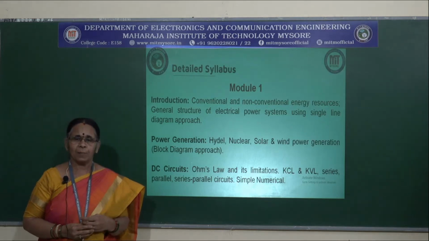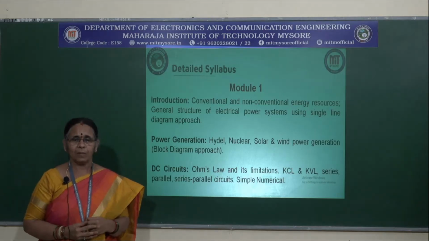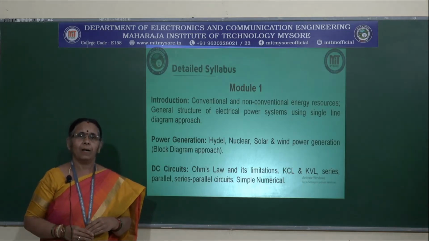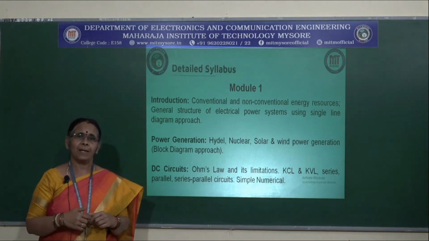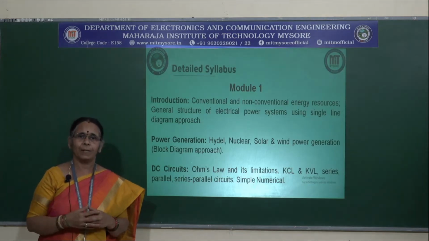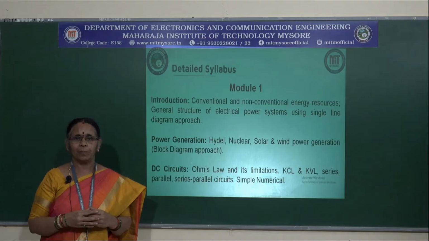Any power system structure comprises generation, transmission and distribution. Generation, transmission and distribution will all be covered by means of a single line diagram, instead of showing all the components connected to the power system. So that's going to be studied under the introduction part.